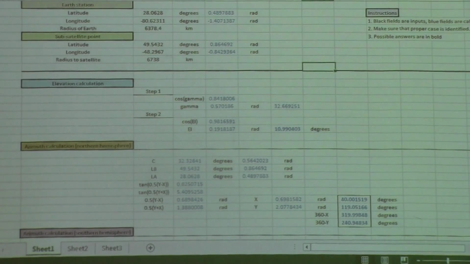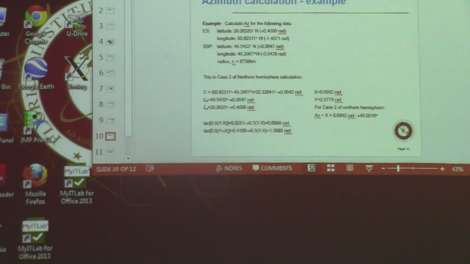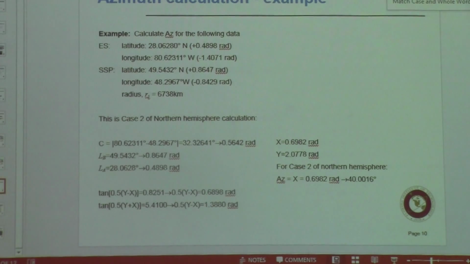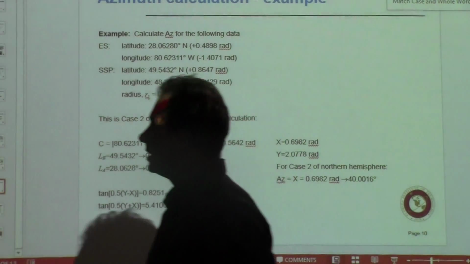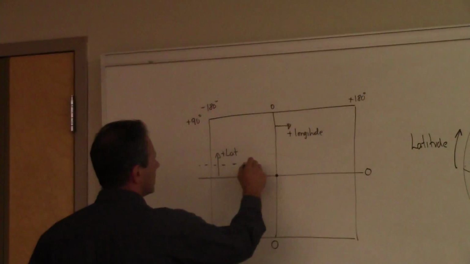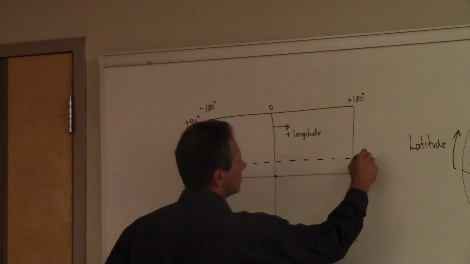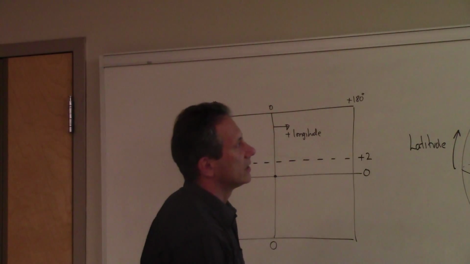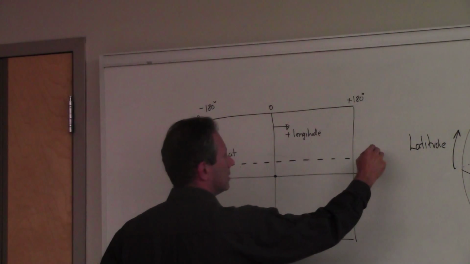Now, before we look at the result here, let's ballpark it. Let's see if you can at least speculate where the azimuth and the elevation for this satellite are going to be. Let's go to our map here. We are at 28 degrees north, so we are somewhere here, right?